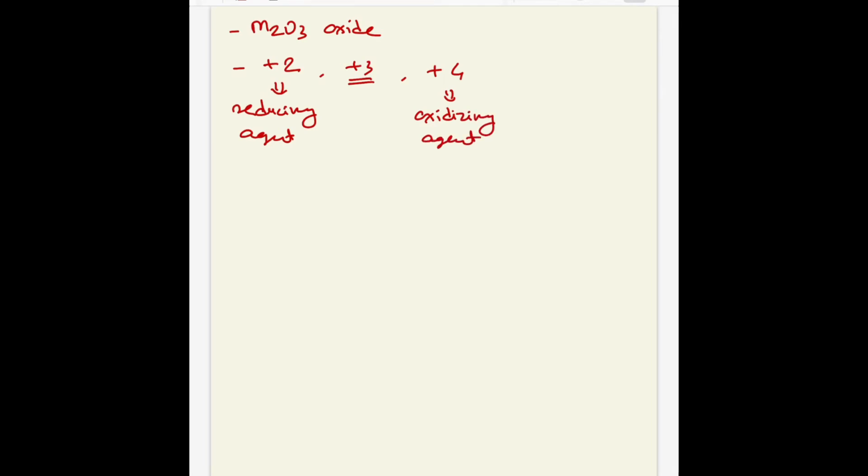Lanthanoids show +2, +3 as the common oxidation states, and another, higher oxidation state, +4. The species which show +2 oxidation state behave as reducing agents, and the species which have higher oxidation state behave as oxidizing agents.